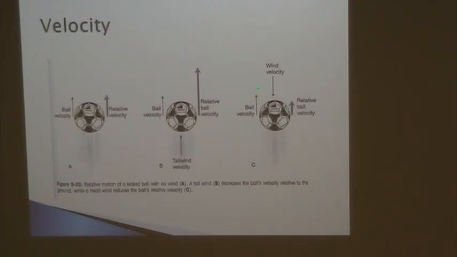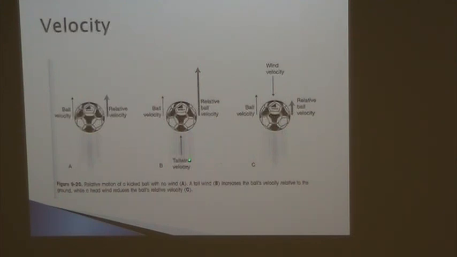So here the ball is traveling this direction, and the wind is hitting against it. And so notice how the arrow here is smaller. Your ball velocity ends up being less. See how big the arrow is there, the relative velocity? Here's the relative velocity there, it's less. So your ball won't travel as fast.